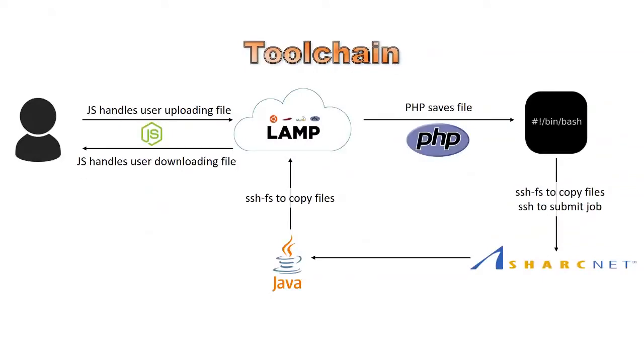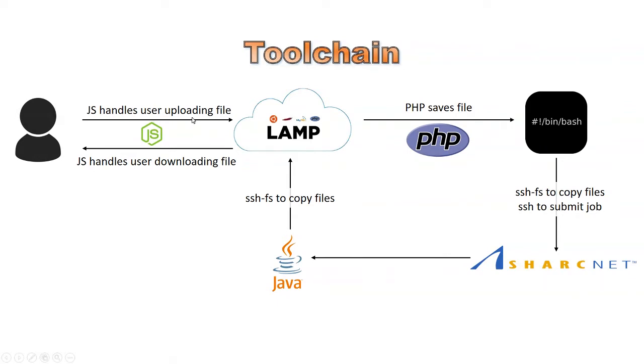So just to review the tool chain that we're going to be using today and how we're going to set up our program. We're going to set up a program that will simply submit a job to Graham and take back the job ID. That means the user will submit their job. They'll choose a file.